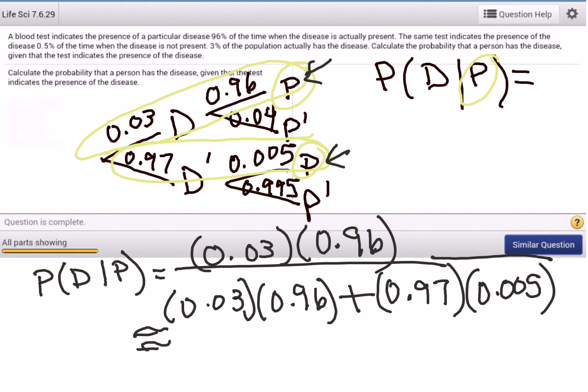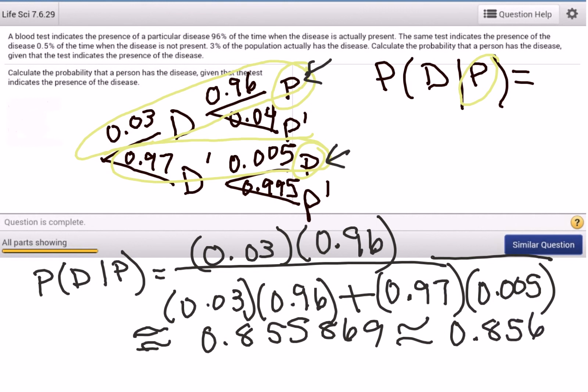We're going to get approximately 0.855869, and it said to round it to, I think, the nearest thousandths, so 0.856. The probability that they would actually have the disease given the test says they have it is 85.6%, or the probability is 0.856.